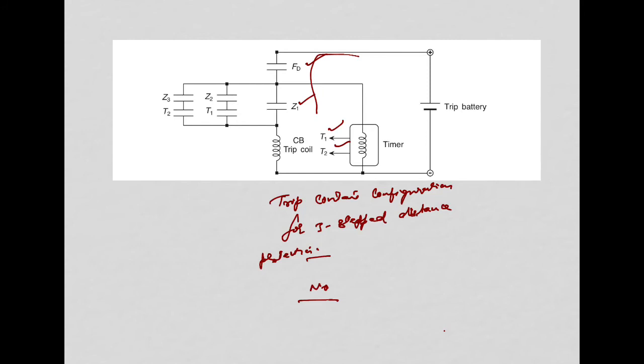Depending upon whether the fault is within the second or the third step, the trip coil gets energized through the series combination of either Z2 and T1 or Z3 and T2. So this is the trip contact configuration for the three-step distance protection.